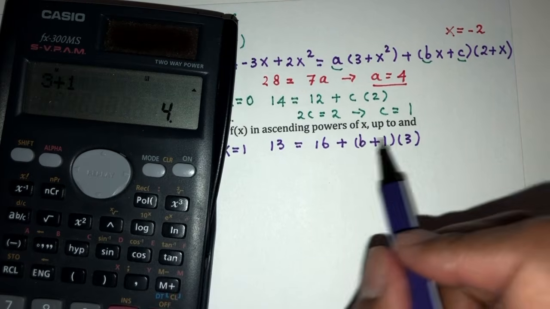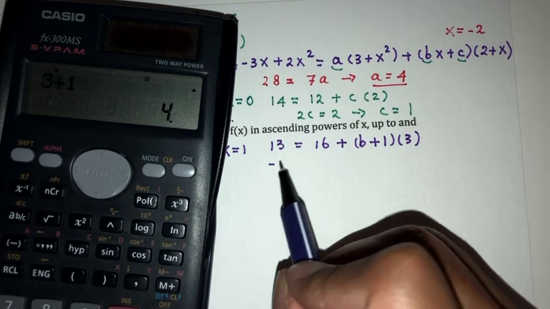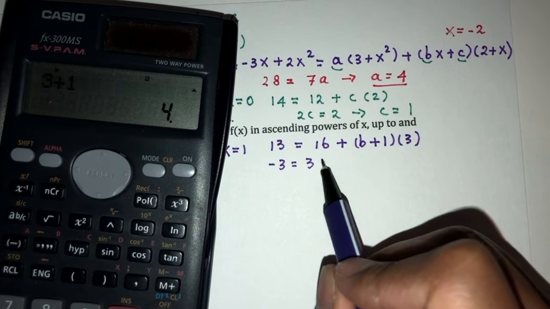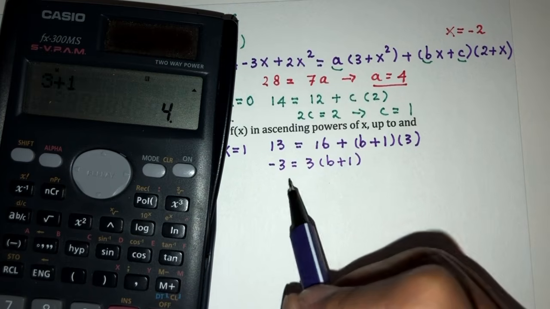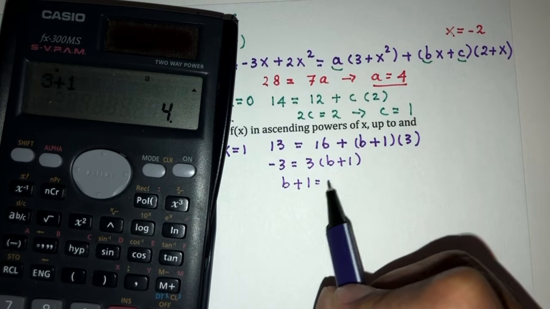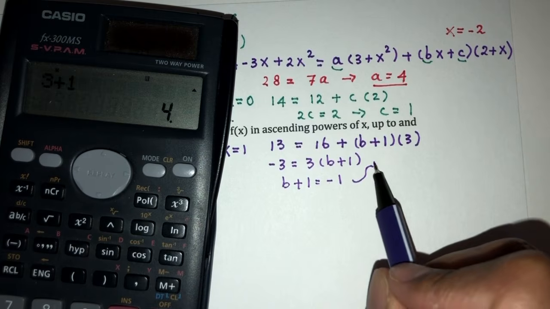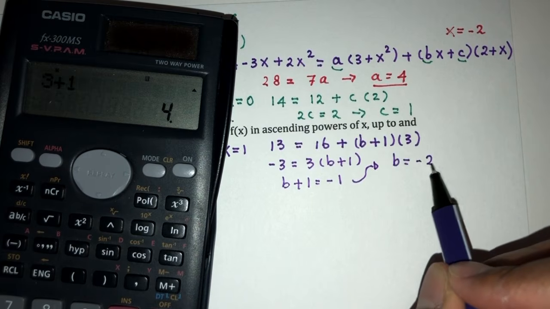Right. So you will have 13 minus 16 will be minus 3 is equal to 3 times b plus 1. So b plus 1 is equal to minus 1. From this you can see b will have to be minus 2.